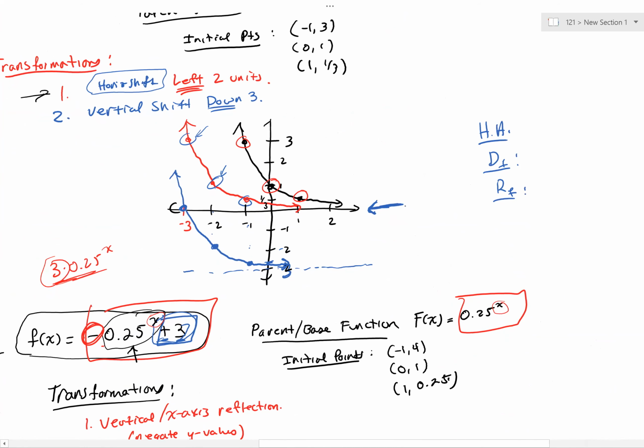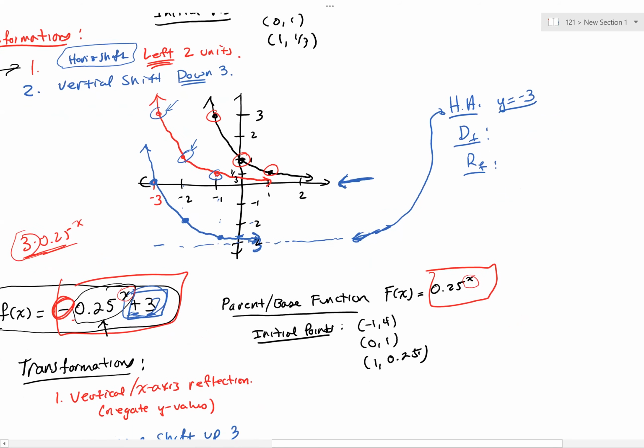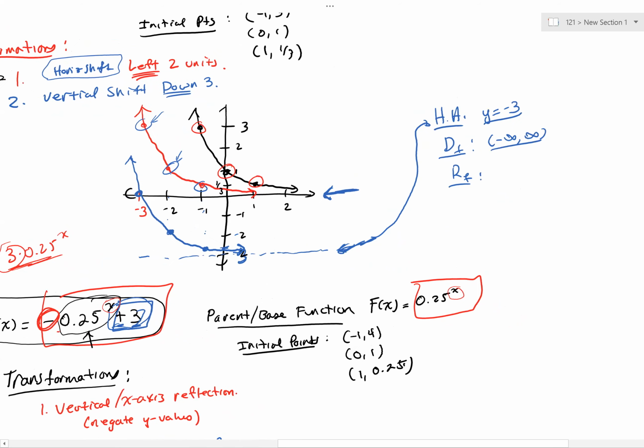Originally, it was at y equals 0, but because of the vertical shift, we moved it down 3 units with the points, and the horizontal asymptote is now down here. So the horizontal asymptote here is y equals negative 3, as x approaches positive infinity. The domain, again, for any exponential function, even with these types of transformations, is negative infinity to infinity.